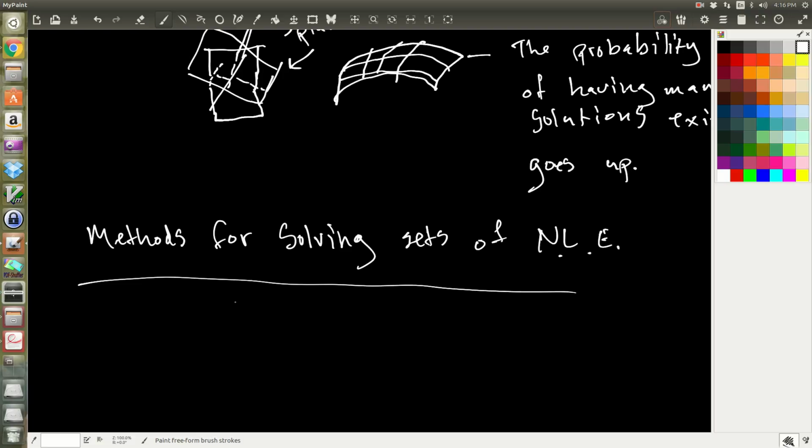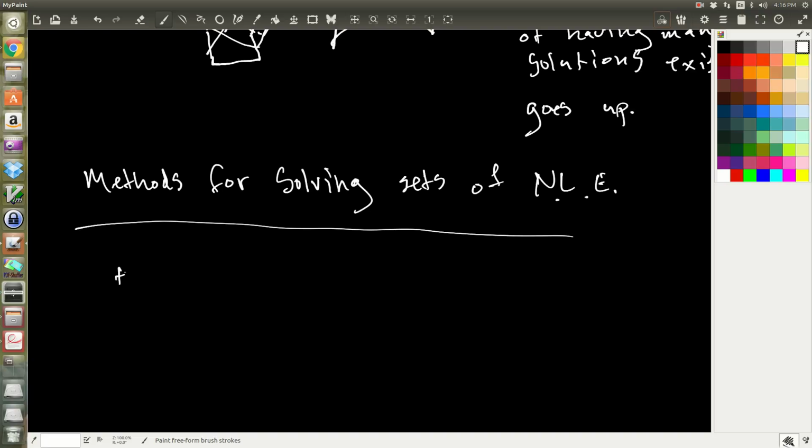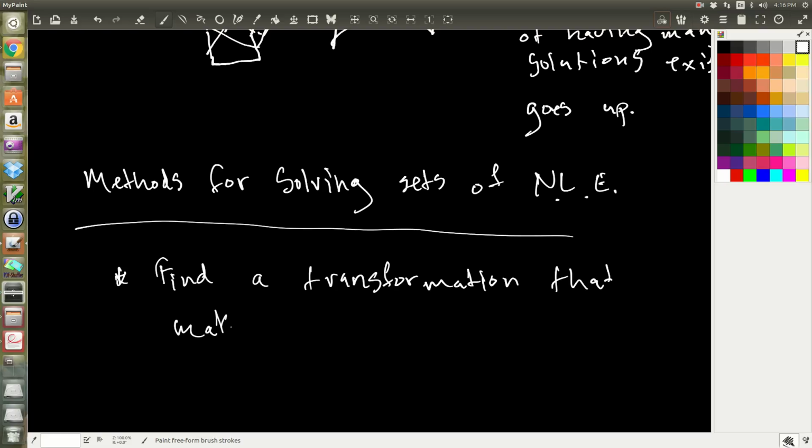So one approach that you could take is you could try and find a transformation that makes the system linear.